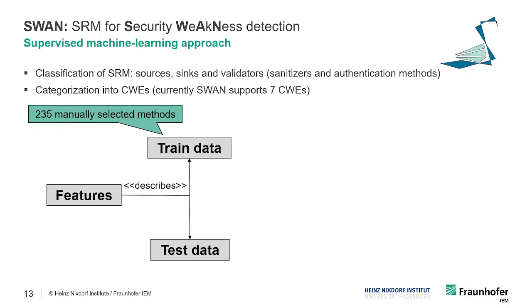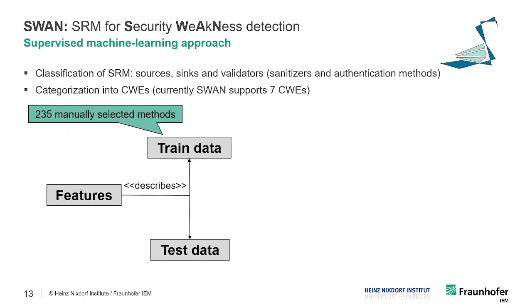So the features describe our data. All of the features actually in SWAN are binary features. So they describe only a single characteristic as true or false.